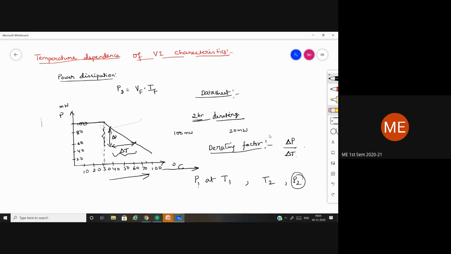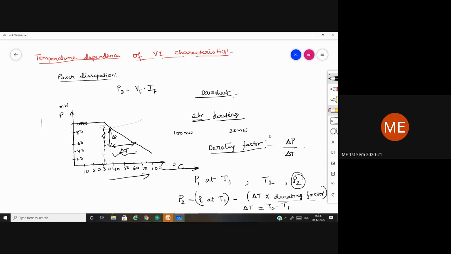During that time, the formula you should use is P2 is equal to P1 at T1 minus delta T into derating factor. So what is delta T? Delta T is nothing but T2 minus T1, the change in temperature, how much it has changed. P1 at T1 is the power value. Substitute it.